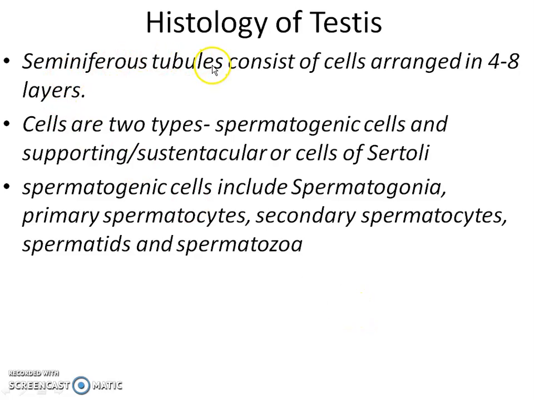The histology of testis consists of seminiferous tubules arranged in 4 to 8 layers. The cells are of two types: spermatogenic cells and supporting cells, which are also called sustentacular cells or Sertoli cells.